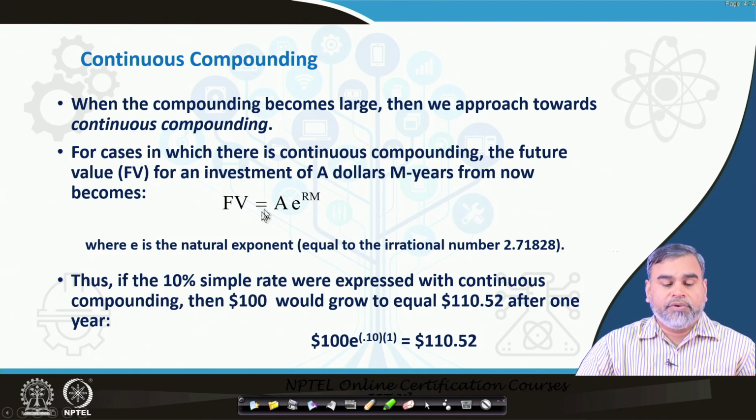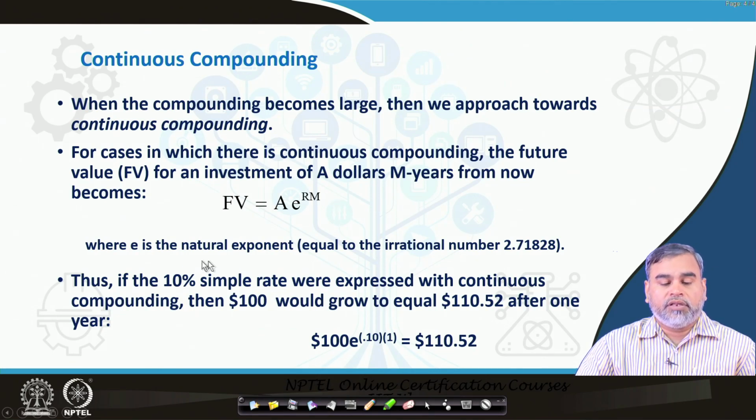If FV is the money you are going to receive and A is the principal amount you deposited, then FV is equal to A e to the power Rm. R is the interest rate, and m is the maturity period, the period up to which the money will be held in the bank.